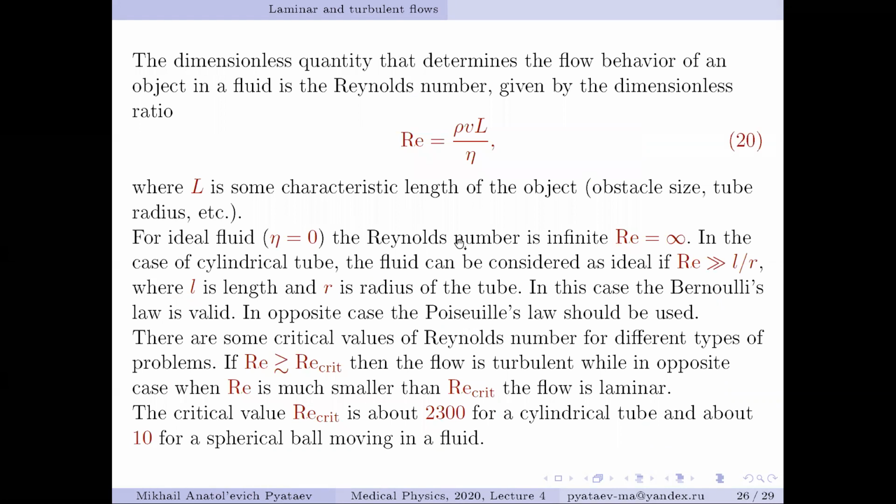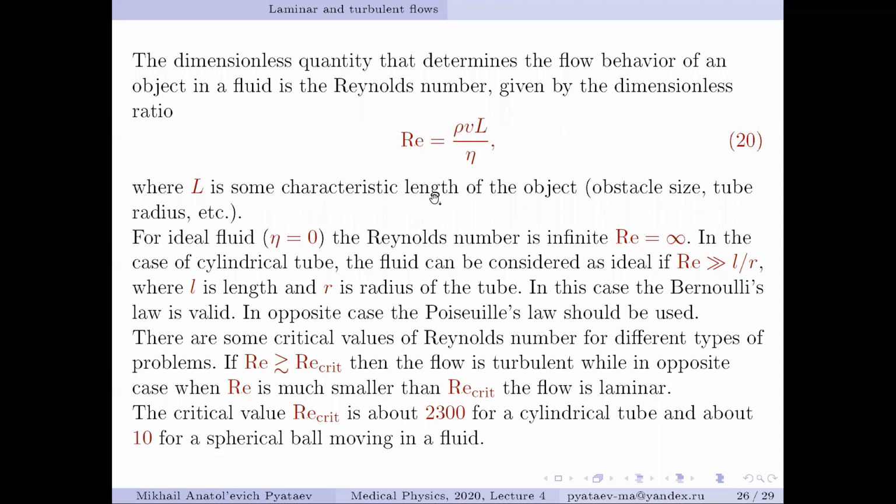Well, here are a few words. How can we theoretically find if the flow is laminar or turbulent? For this reason, there is a dimensionless parameter. It is called Reynolds number, which is the ratio of rho V L by eta.